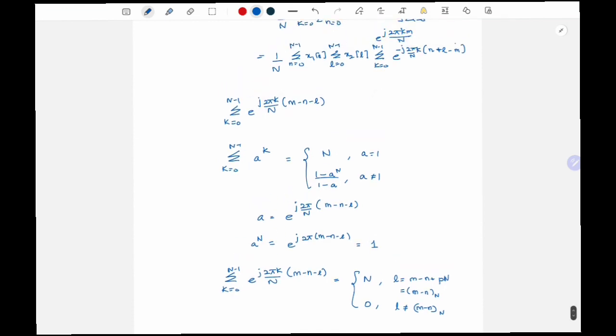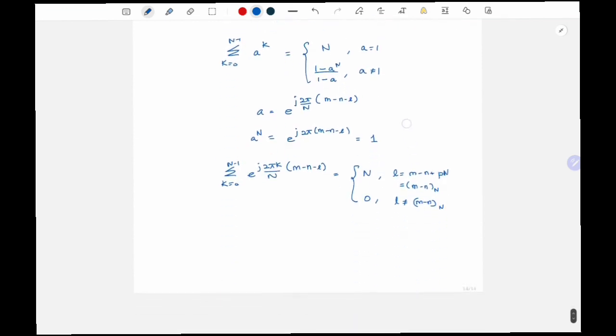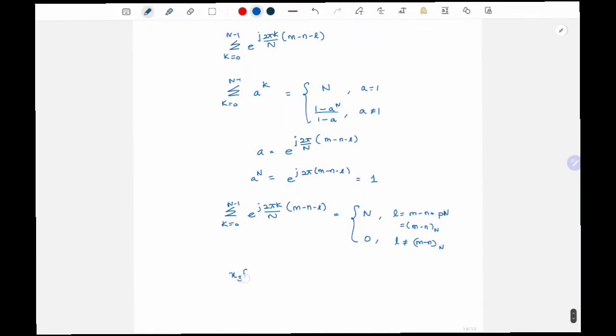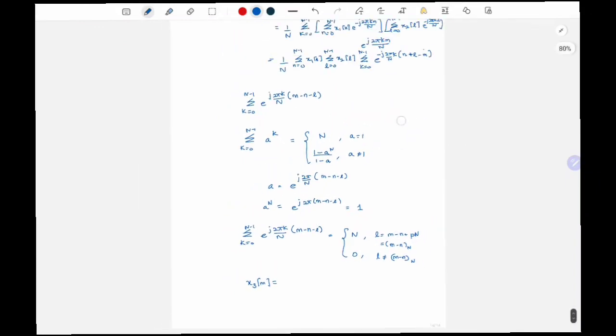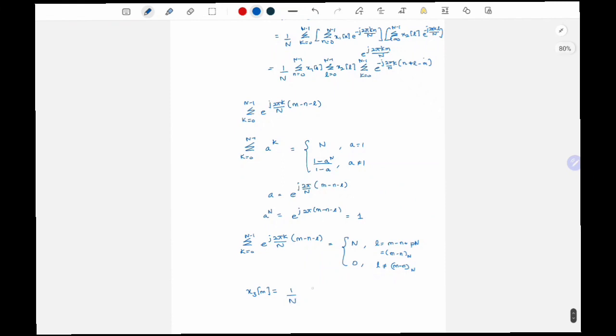So this summation term also will go away, and what will I get? I'll get x3 of m is equal to 1 by n, summation n equal to 0 to n minus 1 x1 of n, and x2 of m minus n modulo n into n.